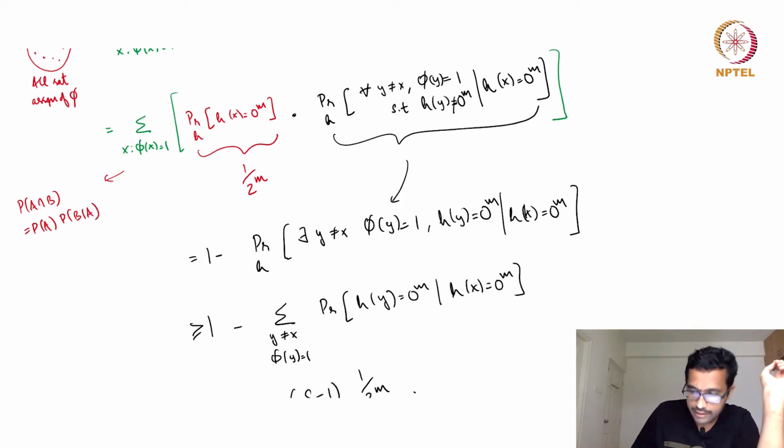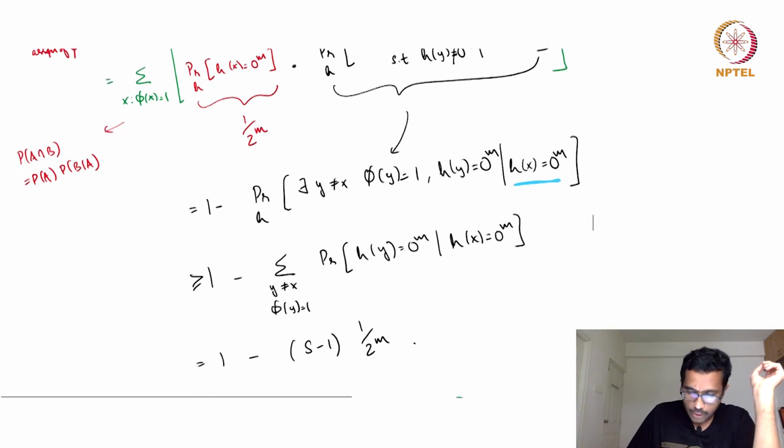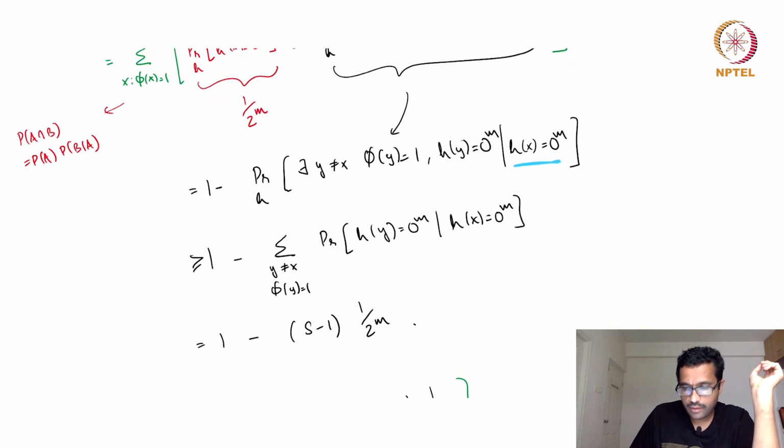Again the condition remains, h of x is all zeros. So we use the complement event in the conditional setting, and the probability is taken over all the h.